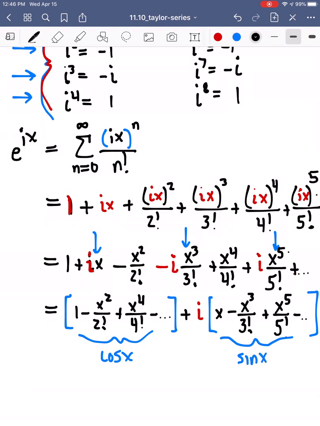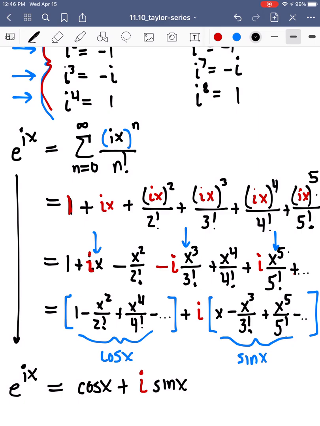So what this actually equals is e to the ix is equal to cosine of x plus, and this is important, i times the sine of x. So we have this new relationship that we just proved through Taylor series. And once we have this relationship, proving Euler's identity is actually going to become quite trivial.